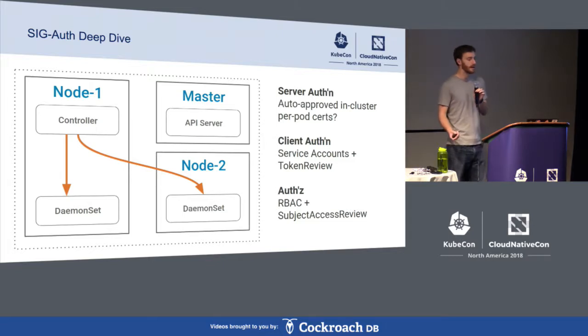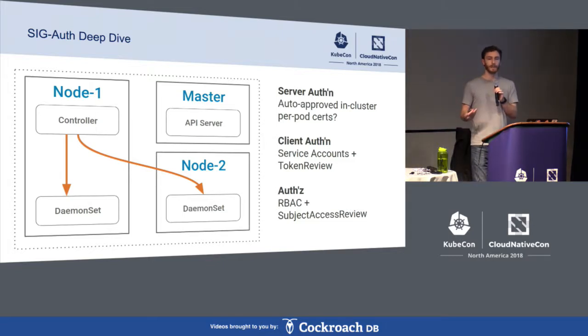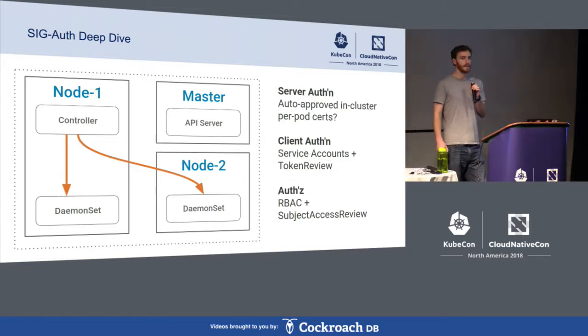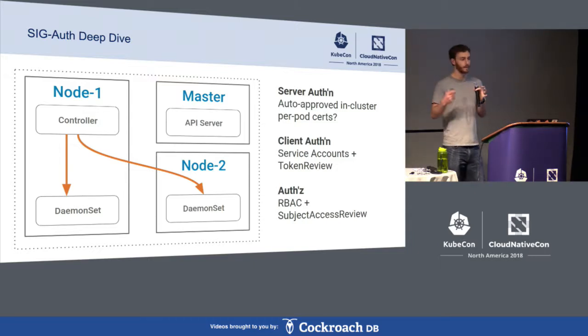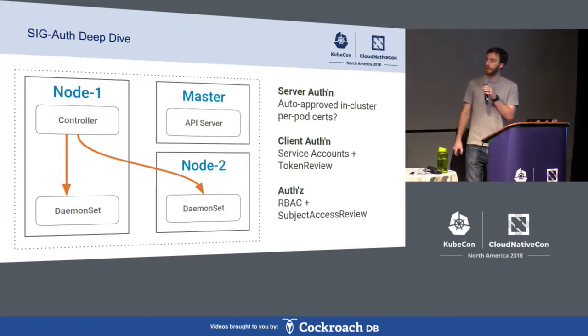One other thing to mention here is this is sort of a problem that is solved by the service meshes. But because these are add-ons that we expect to run in most or maybe all, in some cases, Kubernetes clusters, we can't depend on service meshes to solve this for us.